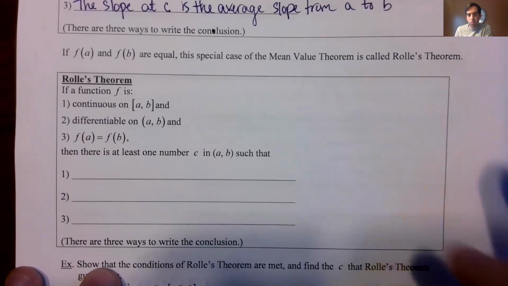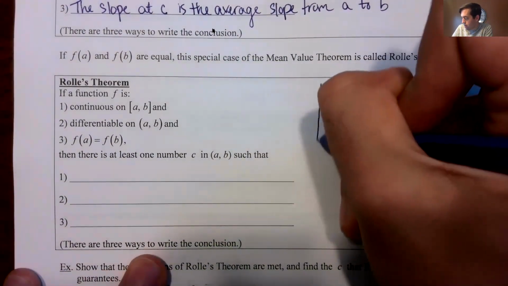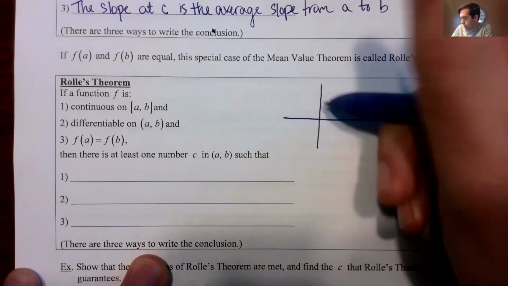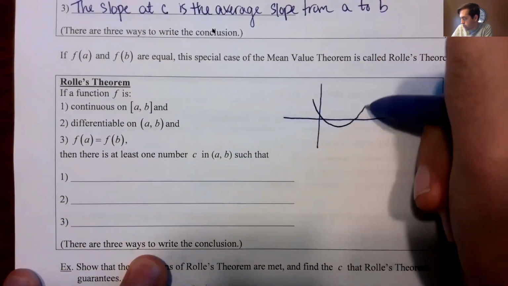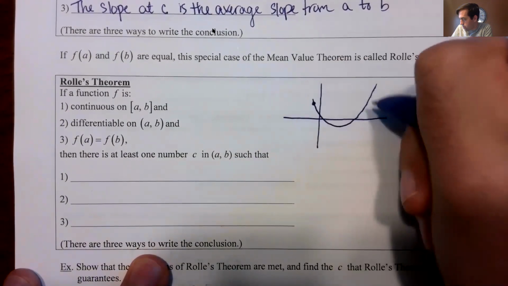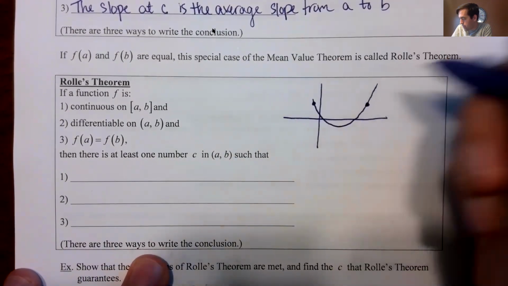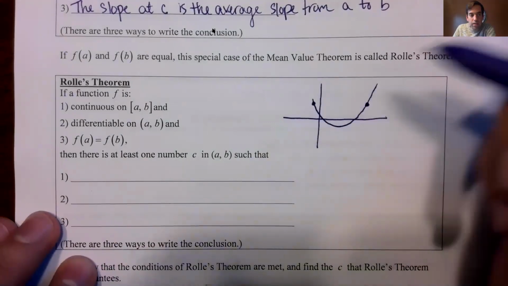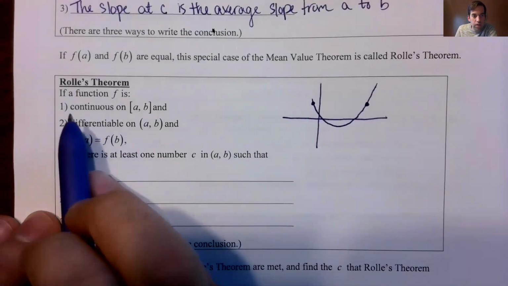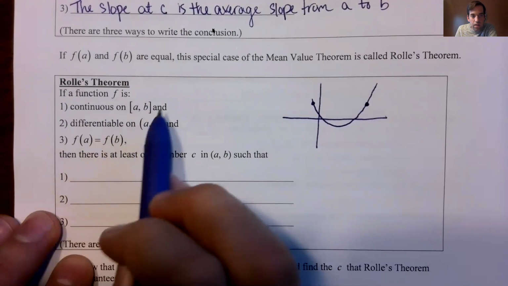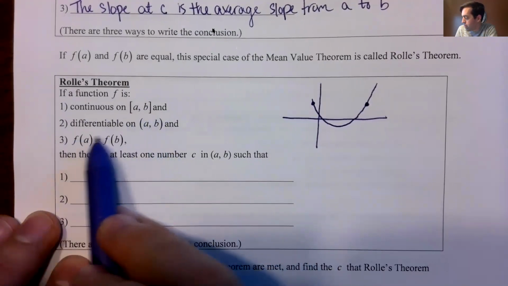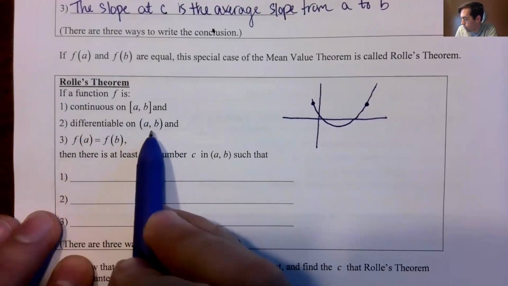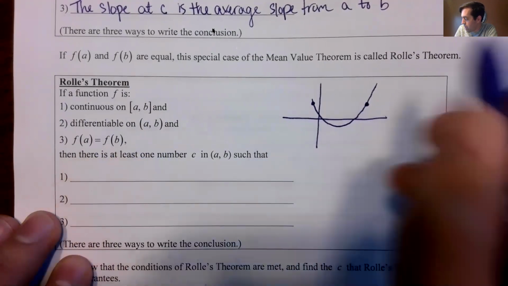So for example, on a coordinate plane, if we sketch a similar picture, that would be like if we use this point and this point as our A and our B, because the y values are the same. So there are three things that must be true. If our function is continuous on the closed interval A to B, if we're differentiable on the open interval A to B, and f of A equals f of B.